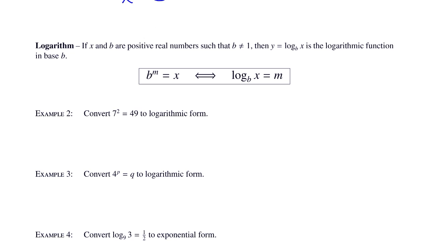You have b raised to the m power is equal to x, and that can be converted into a log form, that is log base b of x equals m. So notice that m is the answer of a log, and from the exponential part, that was the exponent. So logs are nothing more than exponents. There's some terminology here. The base b is called the base. The x is called the argument.